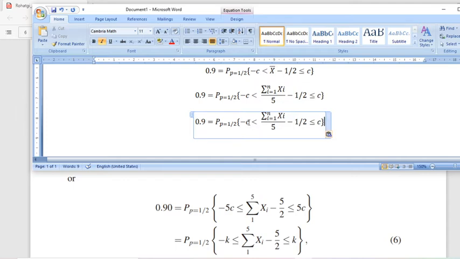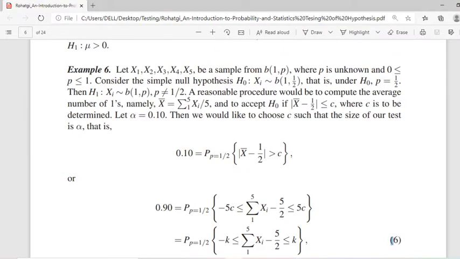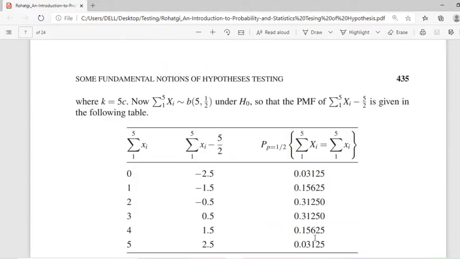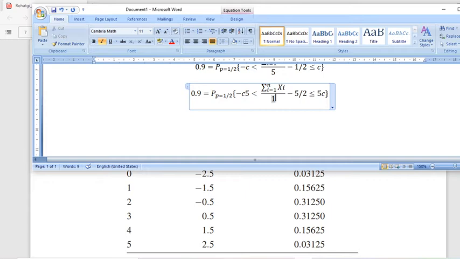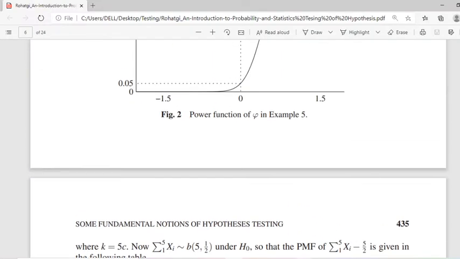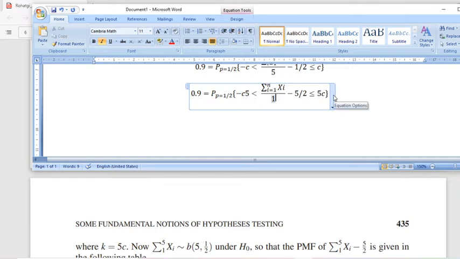This 5 can be moved to here, and here also. So it will become 5 by 2, and it will become 1. What will be the next step? It is exactly given in this book.